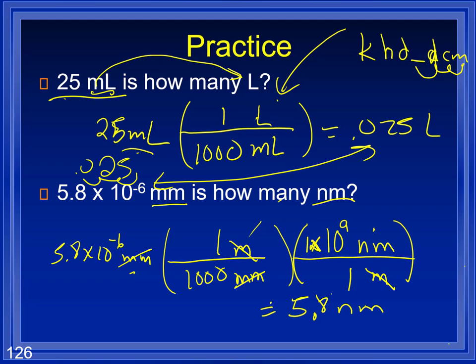Decimeters I can turn into meters. Which is bigger? Well, the meter's bigger. And there are 10 decimeters in a meter. So that's my first conversion factor.